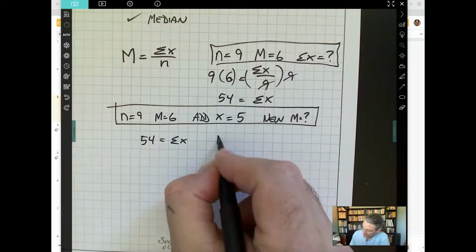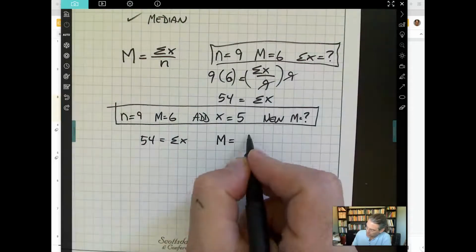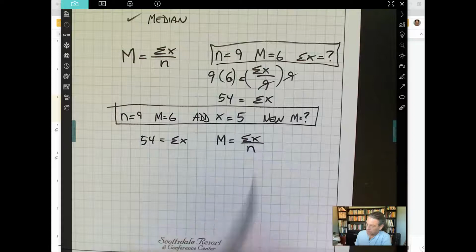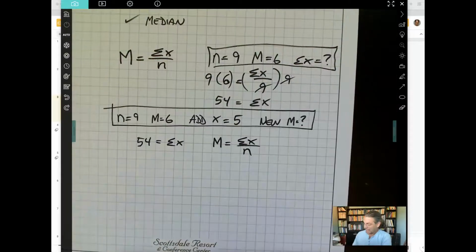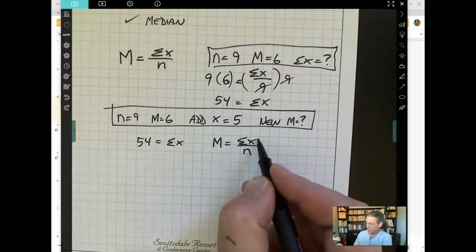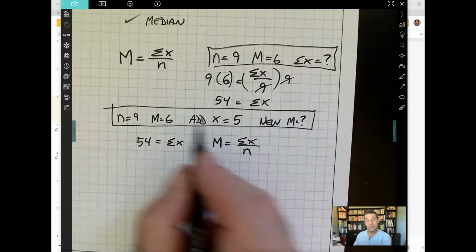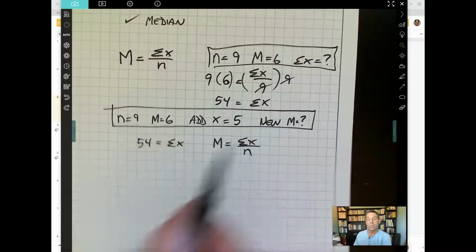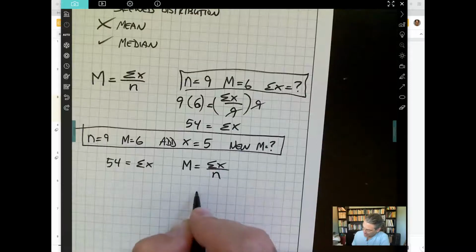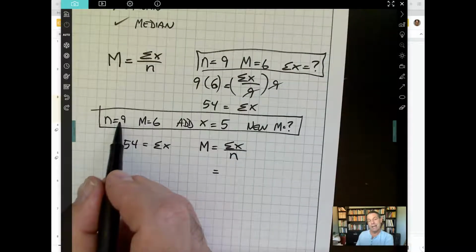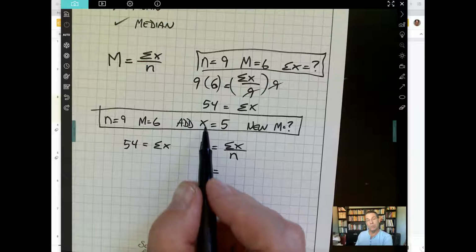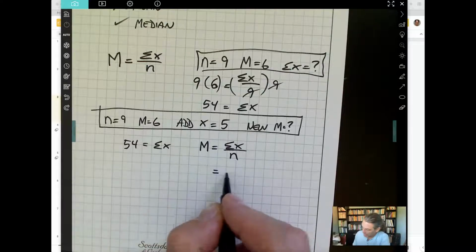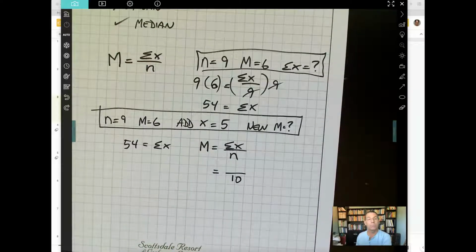Well, again, to find a mean, we know we're going to use the formula sum of x over n. And I can now figure out the sum of x and the n from everything I have here. What I can figure out is the n because it was 9 people and I just added one more score. So now my n is 10.